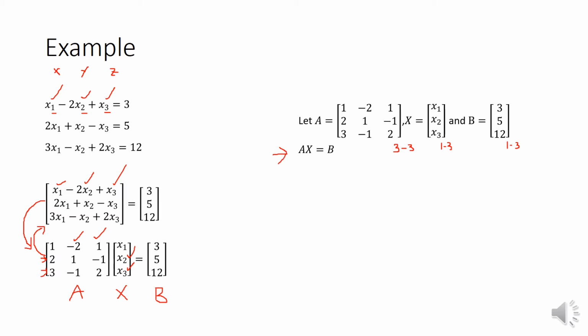Now we are looking for X because X has x1, x2 and x3, so A will be shifted to this side, or we multiply both sides by A inverse. Now after that we go for the determinant.